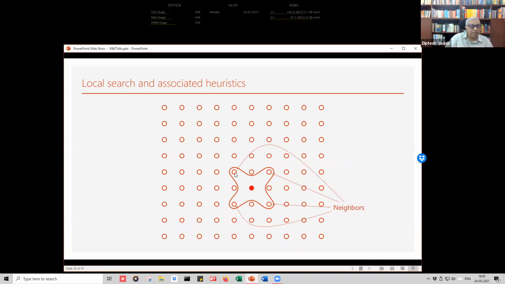Each of the elements in my neighborhood is called a neighbor. And how do I define this neighborhood? I define this neighborhood by something which I call a move. A move actually tells me how I can transform my current solution to my neighbor, right?